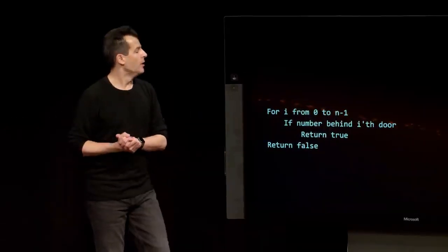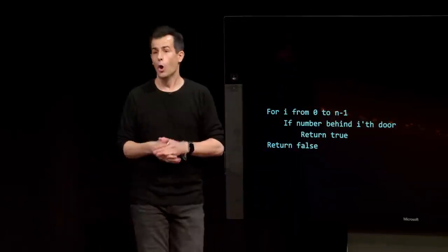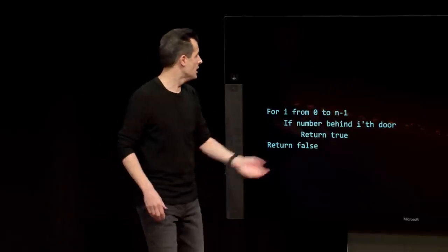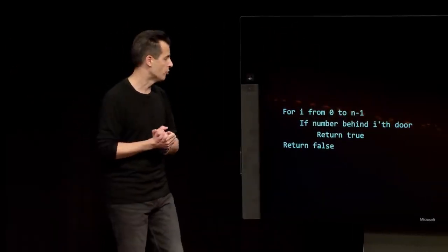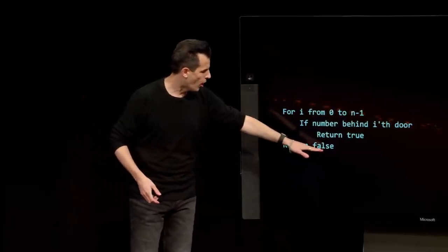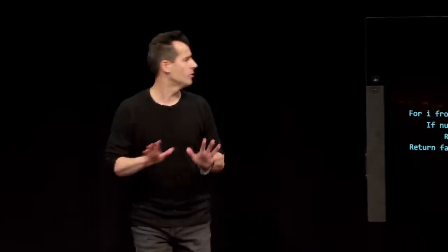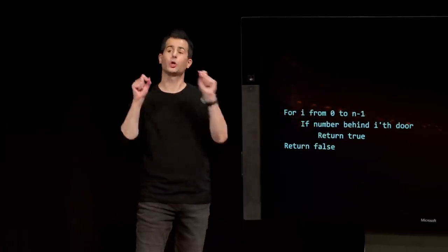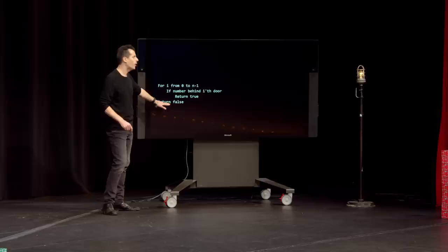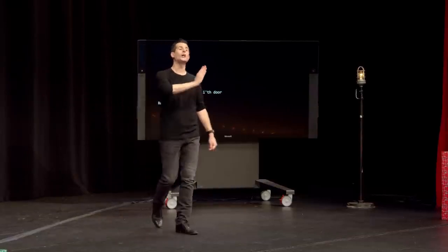If a condition, number is behind the ith door, ith just being a colloquial way of saying the door at location i, go ahead and return true. I have found the number I want, for instance, the number 0. And then notice that this return false is not part of an else, because I don't want to abort this algorithm prematurely simply because a number is not behind the current door. I essentially want to wait all the way to the end of the algorithm after I've checked all n doors.